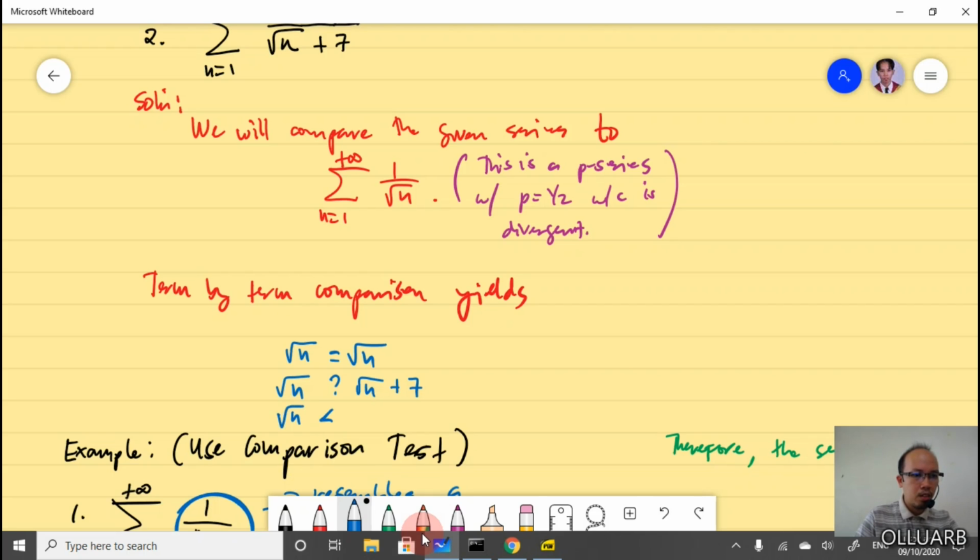We know that this is true. To make it safe, we will put equal sign, for all n greater than or equal to 1.